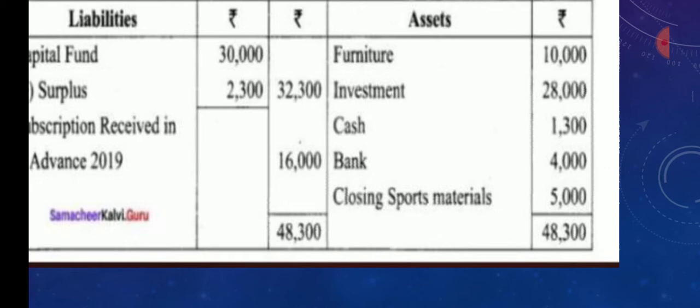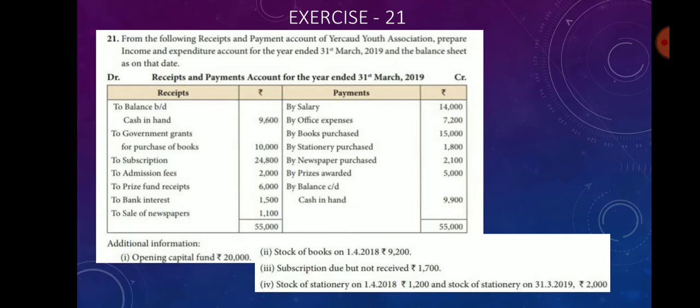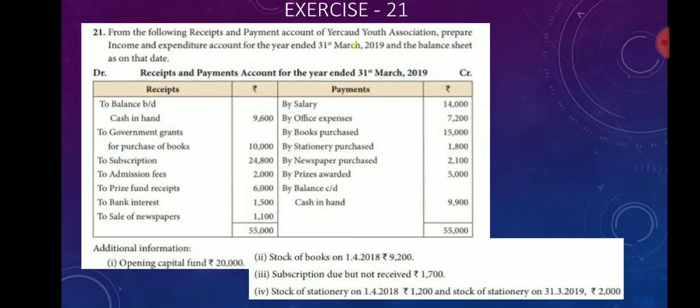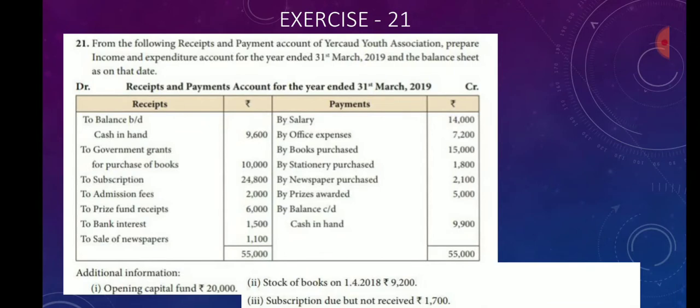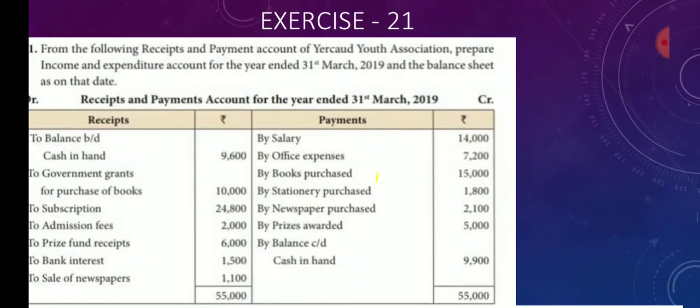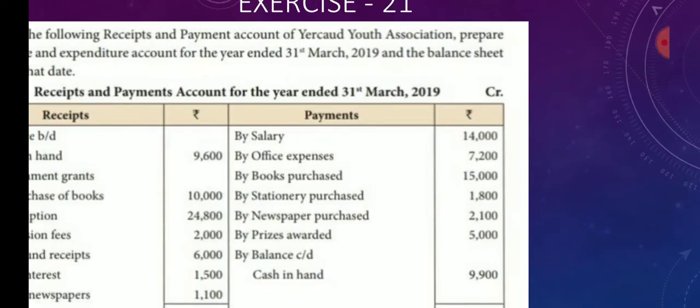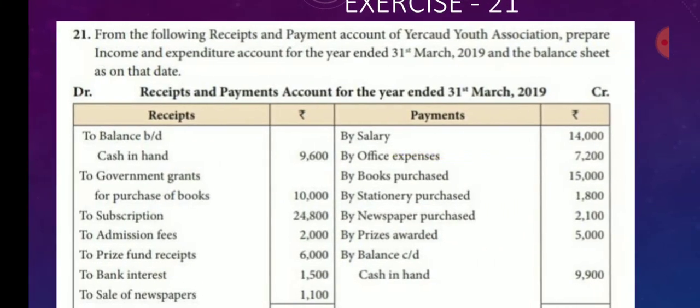Okay, come to exercise number 21. The question is, from the following reception payment account of Yerkadu Youth Association, prepare income and expenditure account for the year ended 31st March 2019 and the balance sheet as on that date. Reception payment account for the year ended 31st March 2019 value is given.